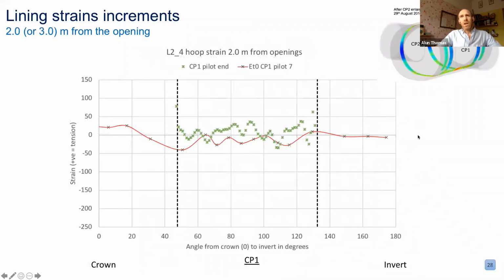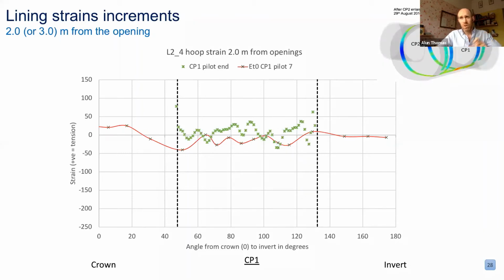If we look at this chord 2 meters away, in the sidewall of the lining, again we start off at the beginning of the excavation process, the pilot tunnel. Very, very small movements, or strains rather, as Nicky said.